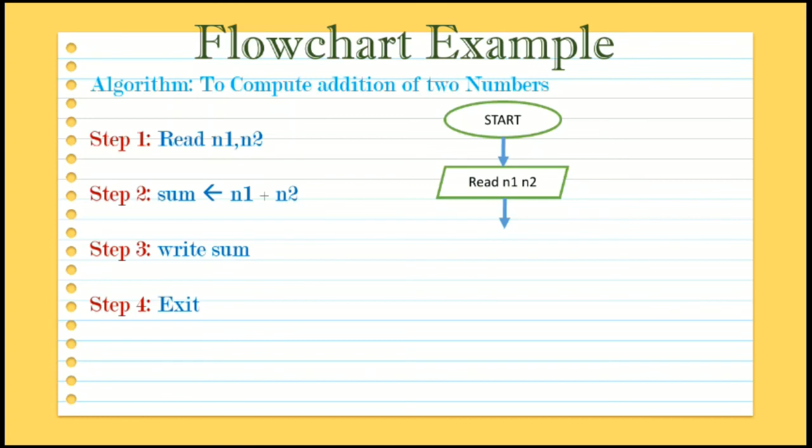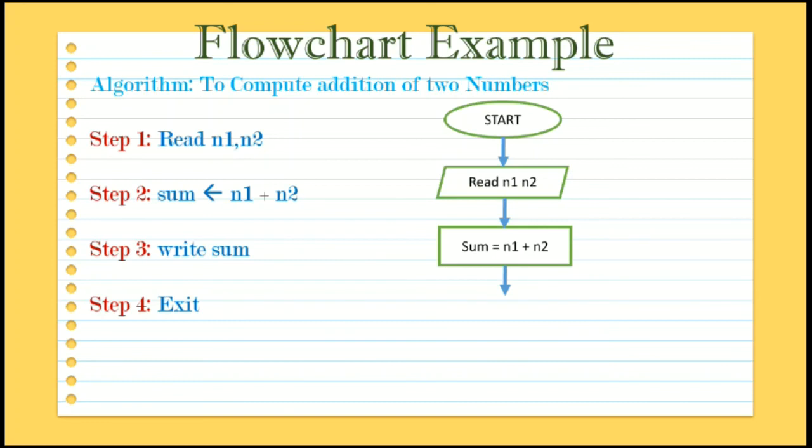Now we will perform addition of these two numbers. So to perform addition, we will use the symbol rectangle, and in this symbol we will perform addition, that is sum equal to n1 plus n2. So after performing addition, we will move to the next level by using the arrow symbol.